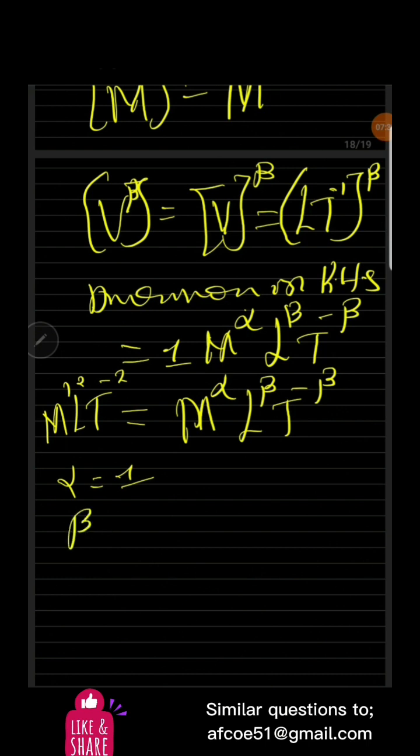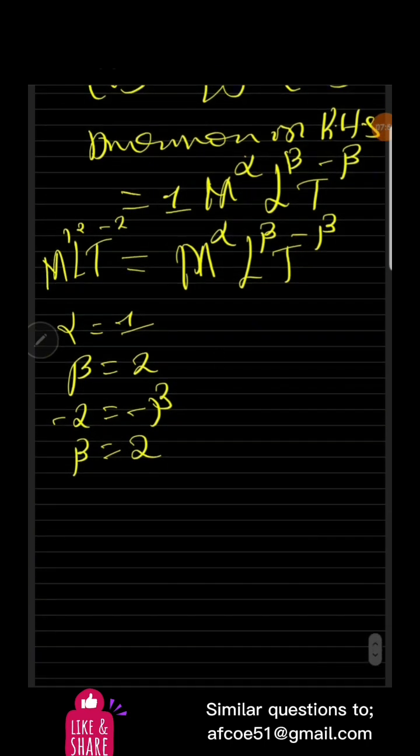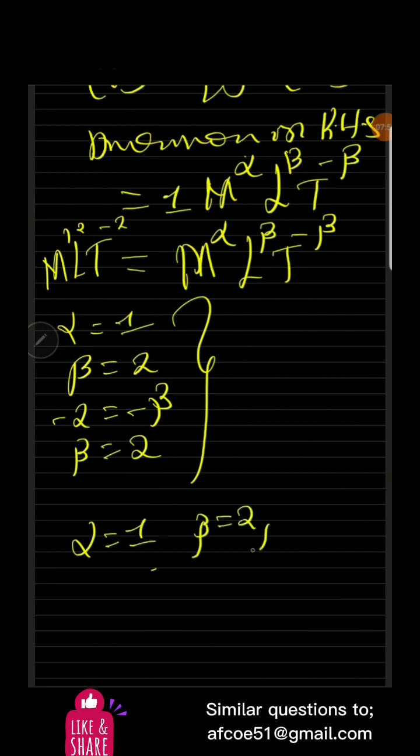Then beta has to equal 2, since the power of L is 2. And negative 2 has to equal negative beta, so beta also equals positive 2. So these are the values for alpha and beta. Alpha is 1, beta is 2.